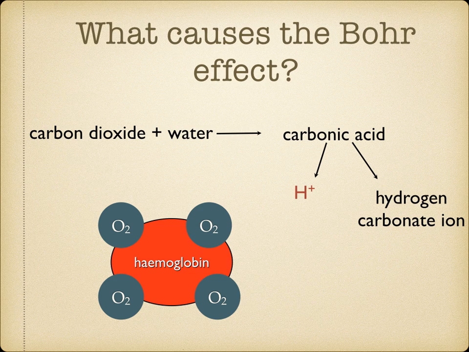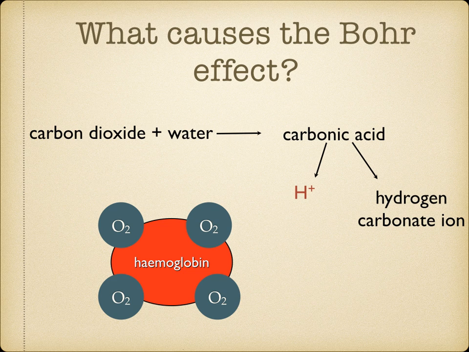So what is the Bohr effect and what causes the Bohr effect? The Bohr effect, which is the shifting of the oxygen dissociation curve in the presence of carbon dioxide, is caused by the acidic nature of dissolved carbon dioxide. Dissolved carbon dioxide forms hydrogen ions and hydrogen carbonate ions.